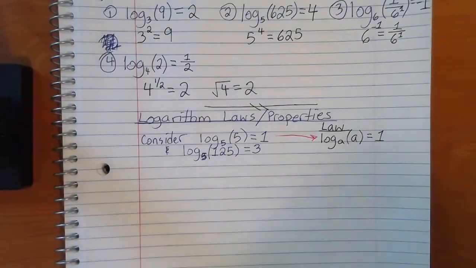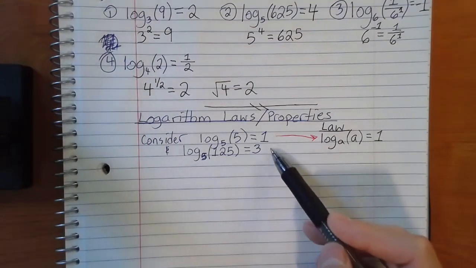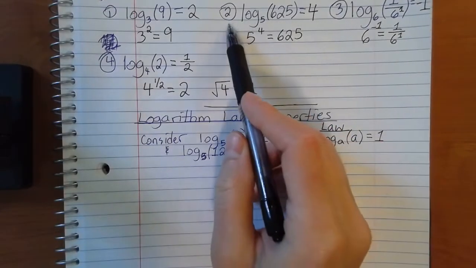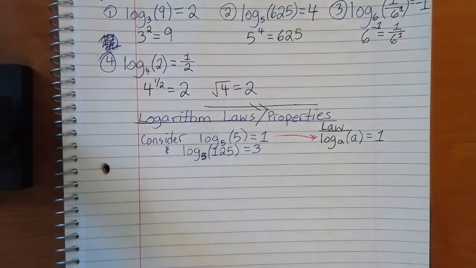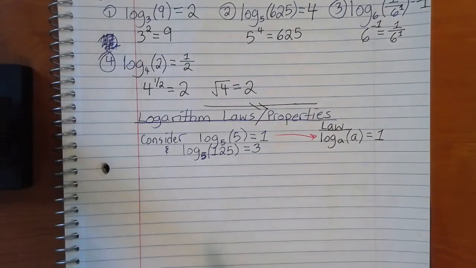Our second logarithm law slash property that we're going to be looking at will involve both of the problems we just did right here, as well as problem number 2 from our warm-up evaluating practice. So let's look at what we have in these two problems.